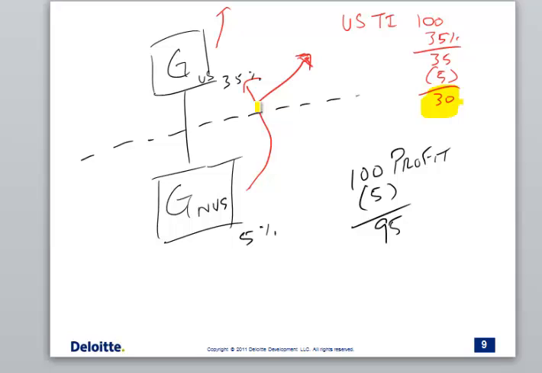There's other countries that are totally different than this, where if you paid a dividend from GNUS, and if G was, say, a Dutch company, then that dividend wouldn't be taxable to the parent. So if you keep your U.S. hat on, you just assume everyone pays incremental U.S. tax when you dividend to a parent corporation, but that's not the case around the world. That's a U.S. system.